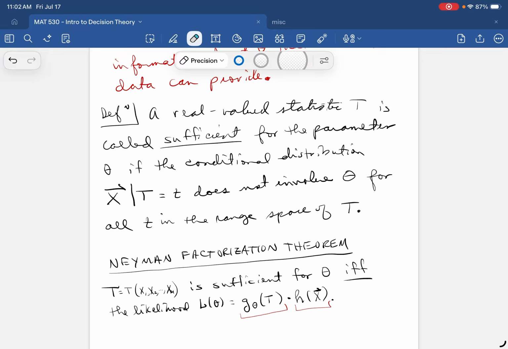And so the statistic is sufficient if we can take the likelihood function and factor it into a function first that only depends on the data and does not involve theta, and then the other part involves theta but only through the sufficient statistic. And so when we apply this theorem, we're going to want to pay special attention to those parts of the likelihood function which cannot be separated.